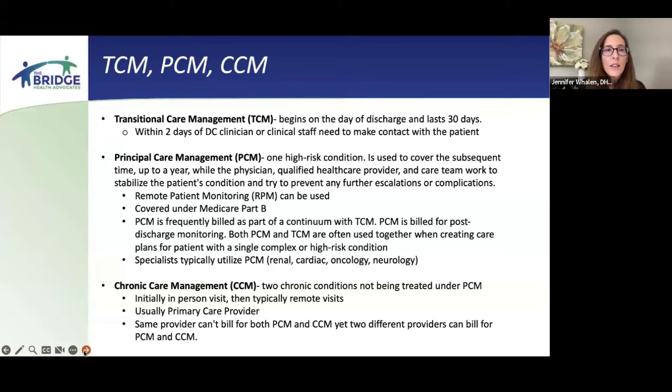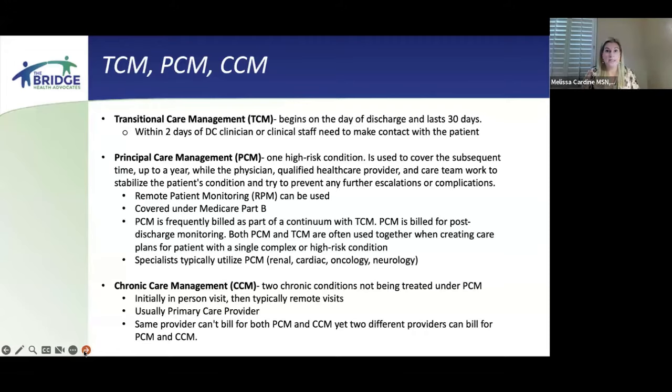These are some of the ones related to the PIN services and the health equity physician fee schedule. I don't know if you want to go through this slide or just talk about it in general, but what do we think about the relationship between PIN and all of these care management services?